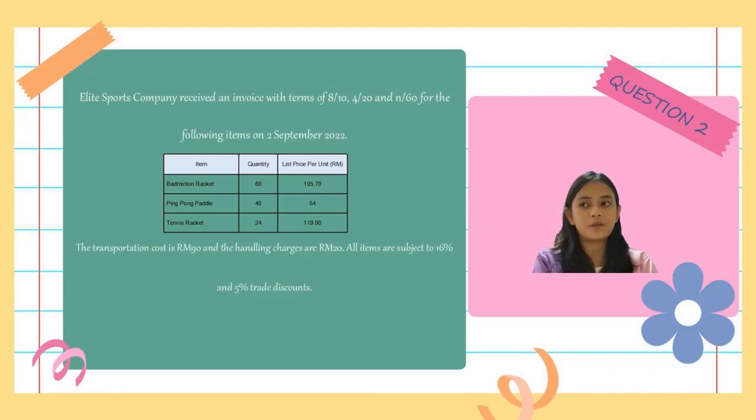The items are badminton racket with quantity of 16 and list price per unit 105 ringgit 70 cents, ping pong paddle with quantity of 40 and list price per unit 54 ringgit, tennis racket with quantity of 24 and list price per unit 190 ringgit 90 cents. The transportation cost is RM90 and the handling charge is RM20. All items are subject to 60% and 5% trade discount.